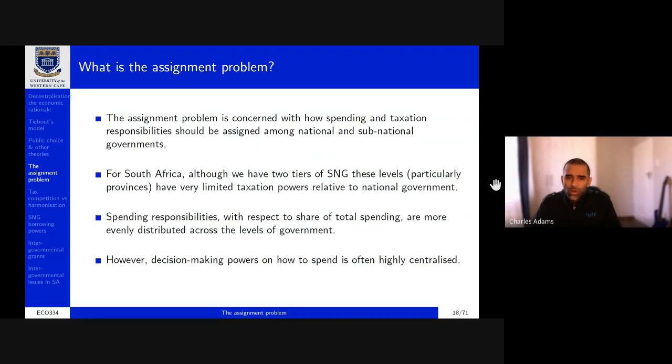In the South African case, although we have two tiers of subnational governments, these levels have very limited taxing powers relative to national government, right? Spending responsibilities with respect to the share of total spending are certainly more evenly distributed across the levels of government. However, decision-making powers on how to spend is often highly centralized, and that is particularly the case for provinces.